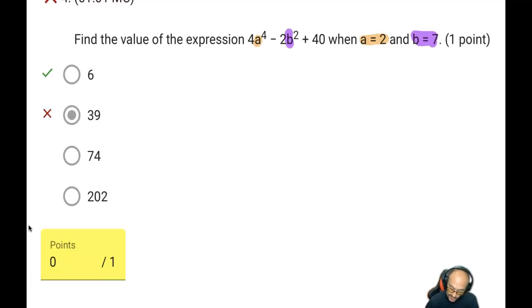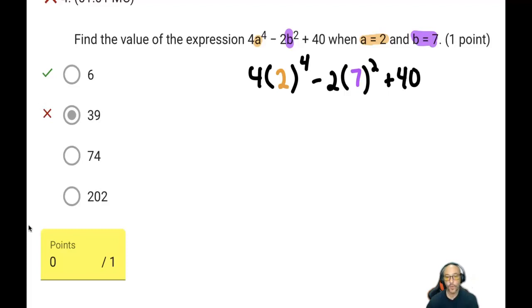So what I'm going to have is 4 times A, which is 2, to the 4th power, minus 2 times B, which is 7, squared, plus 40. Now we use PEMDAS in order to simplify this from this point forward.